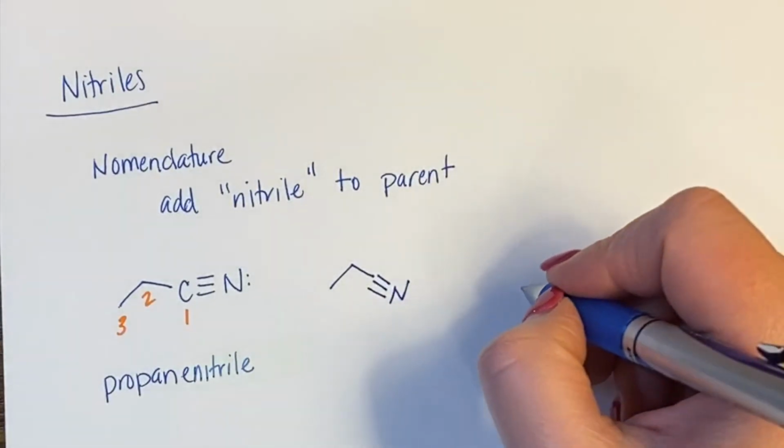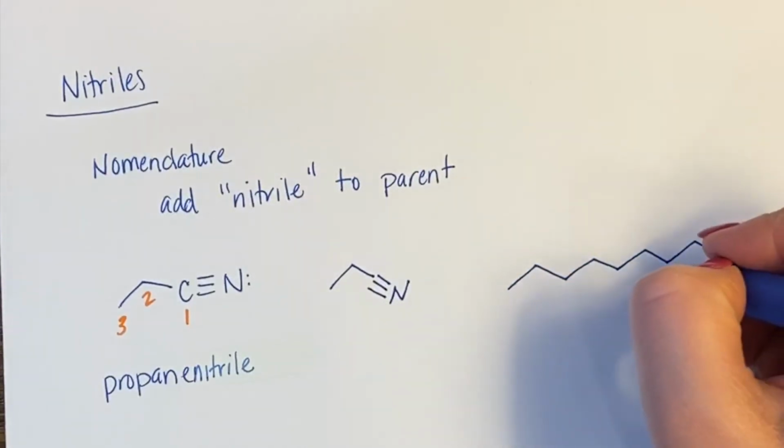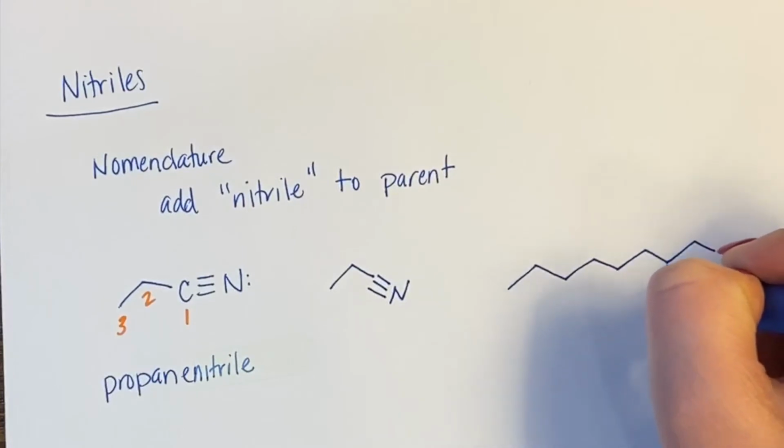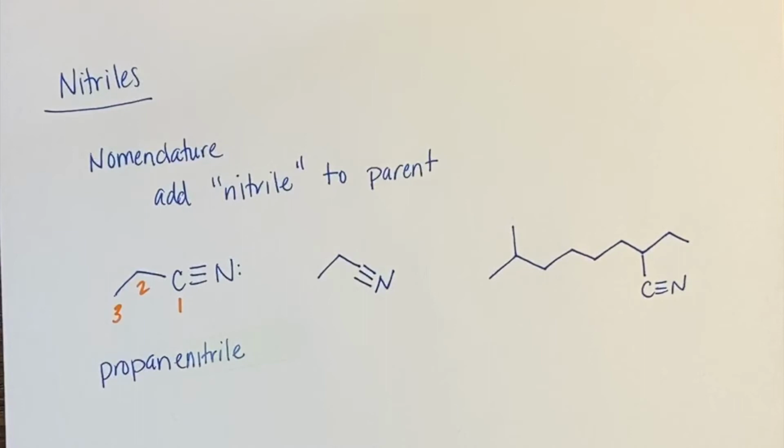If I have a compound like this one, when I go to name this compound, I need to identify my parent chain, and my parent chain has to contain my highest priority group, which in this case is going to be the nitrile.